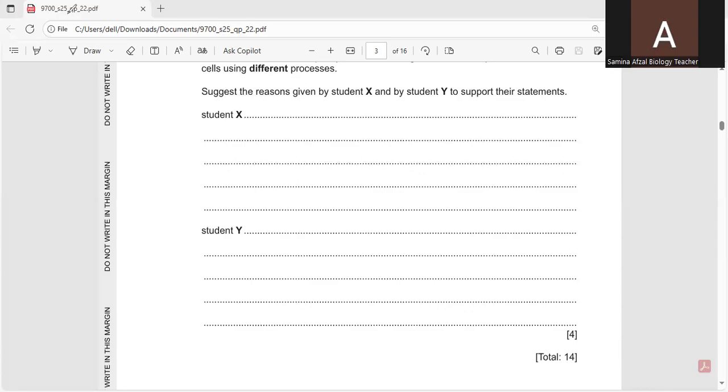First of all, we will discuss the reason presented by student X. Acid phosphatase and sorgoleone are transported out through the same process, and the same process is exocytosis.